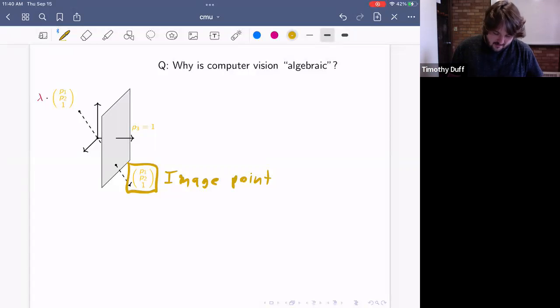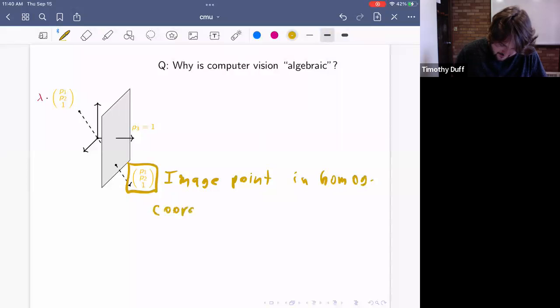And we write it in homogeneous coordinates, because it's well known that these are useful to people coming from computer vision and computer graphics. And the Pinhole Camera is, in some sense, the reason why it's useful. So this is usually something that's given to us.